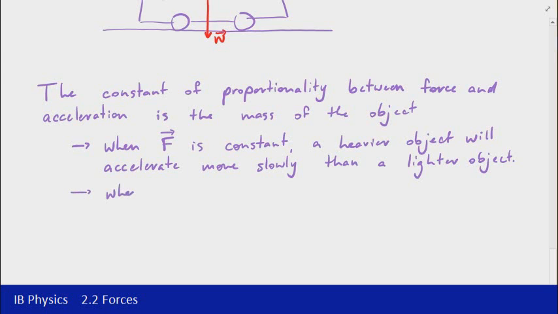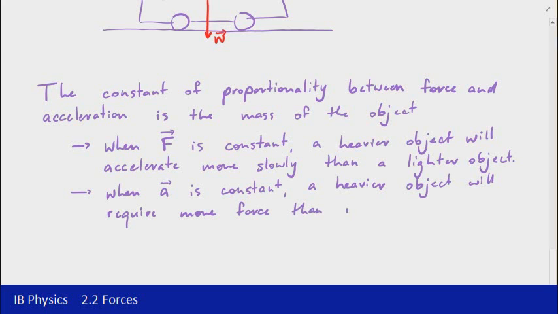Similarly, but in a slightly different way, if the acceleration is constant, so if you want to have two objects accelerating at the same rate, a heavier object will require more force. So just a couple of points there about how mass ties into this scenario.